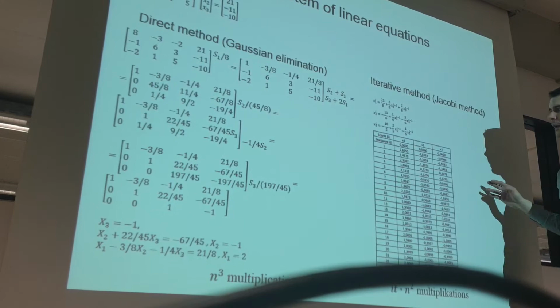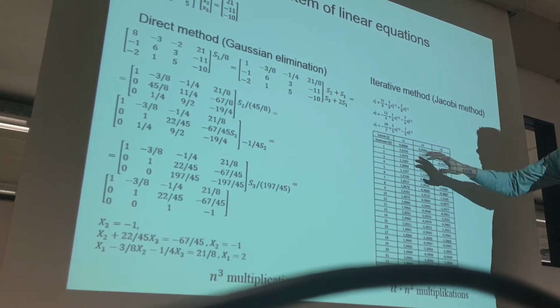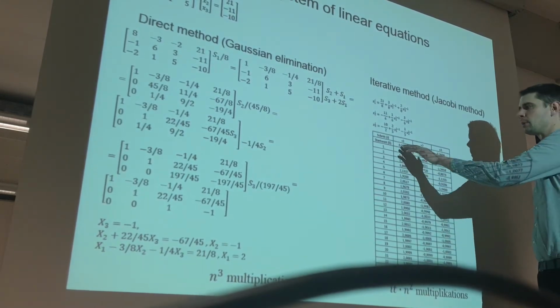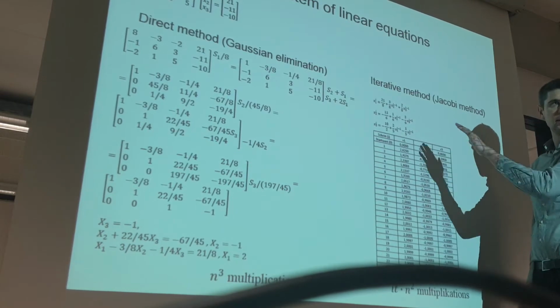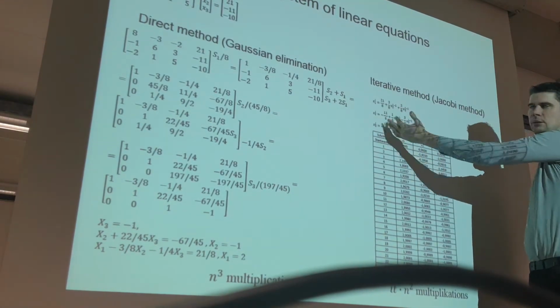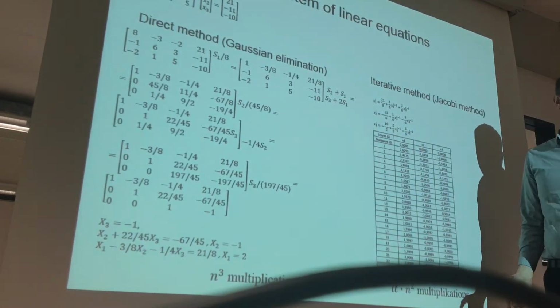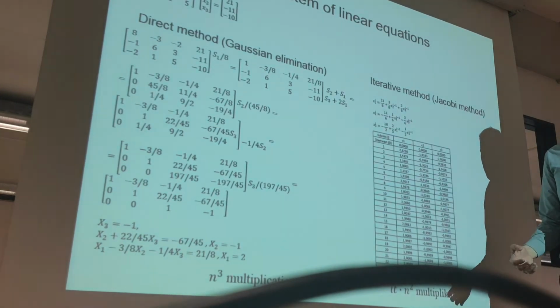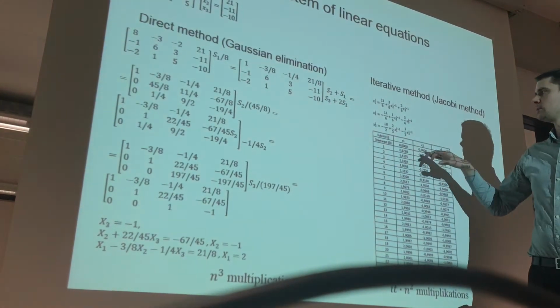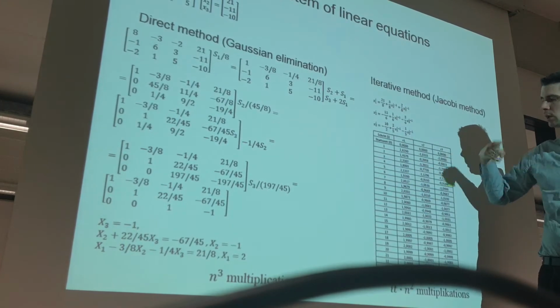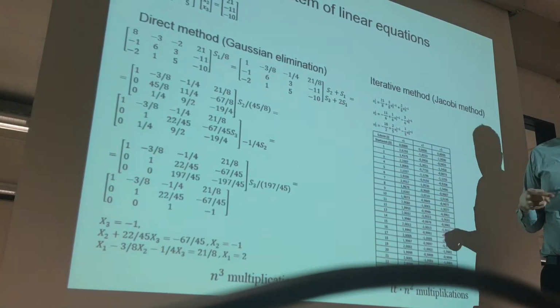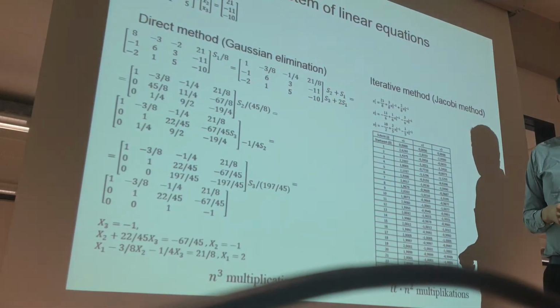So the iterative method is different, yes. It's also with iteration. We say, for example, the solution is 0, 0, 0, yes. Then we check our system and we see it's not 0, 0, 0. We have this error. And then we make the next step with new results. And then we do many iterations. Why are we doing it?